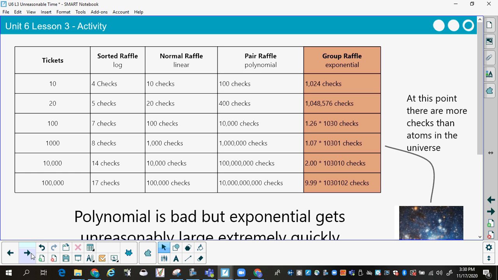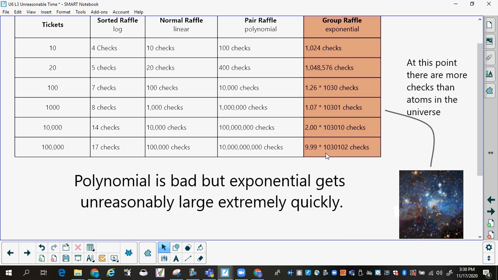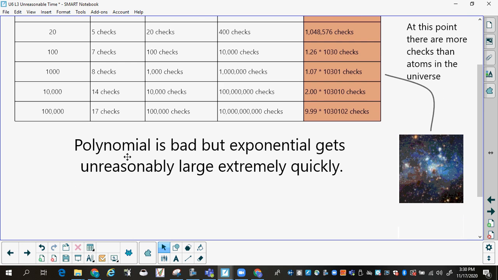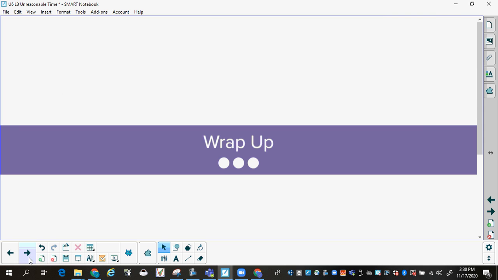It's growing fast. At this point, there are more checks than there are atoms in the universe. Polynomial is bad, but exponential, oh my, it gets unreasonably large very quickly.